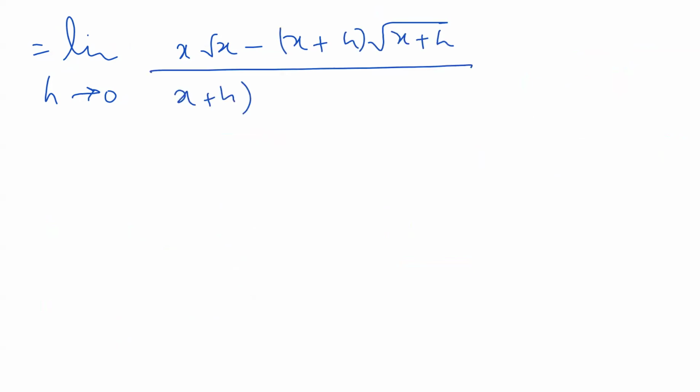Limit h approaching 0, x root x minus x plus h root x plus h, upon x plus h root x plus h, x into root x, into 1 upon h. Now again we have root minus root, something of that category, in the numerator.